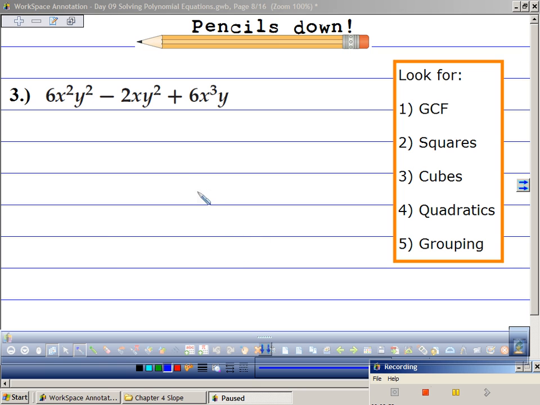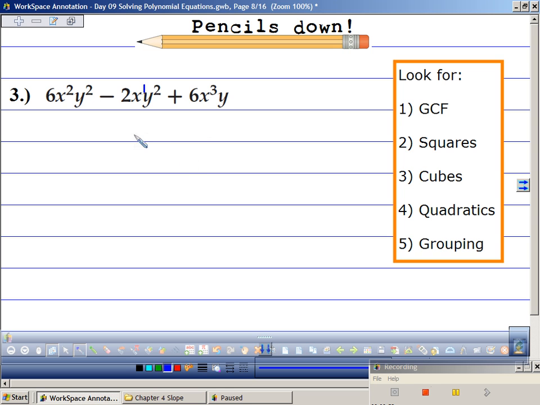So I need to look at it before I do it and say, is there anything else I could do with this? I've got squares. That's to the first power, second power, third power, first power. I don't see any rhyme or reason up there at all, other than the fact that it's got a GCF. Let's pull out the GCF.